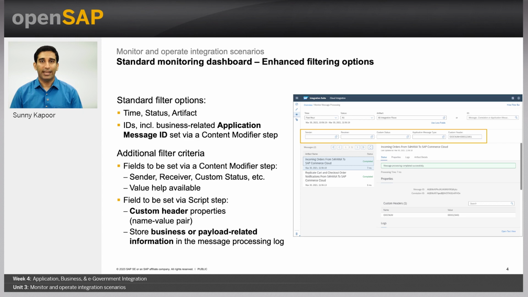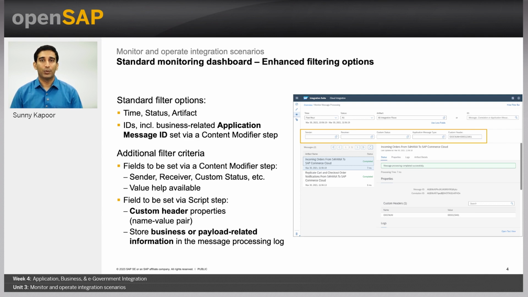By this, the integration developer can add business context to the logs. These fields include sender, receiver, custom status, application message ID, and application message type. These filters allow users to narrow down their search and focus on specific messages.